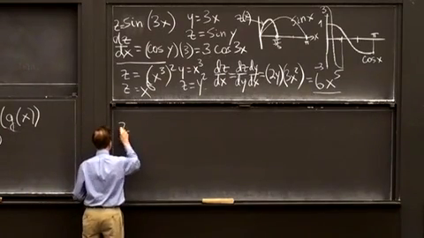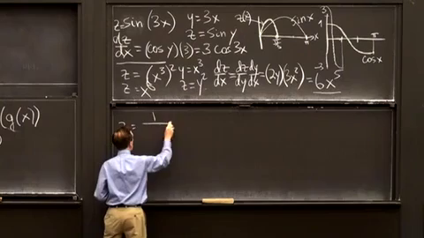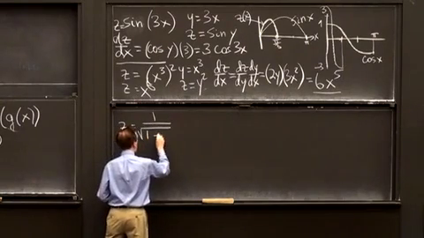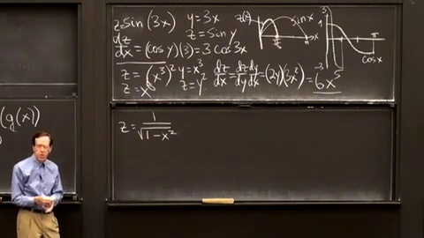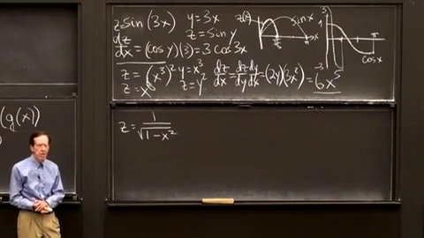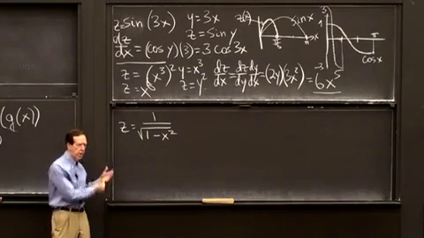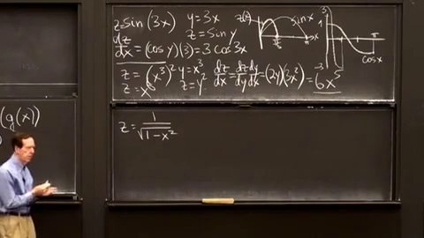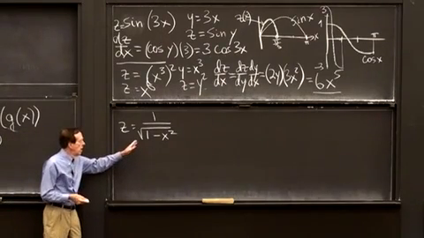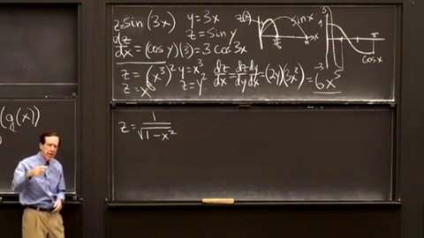So my function z is going to be 1 over the square root of 1 minus x squared. Such things come up pretty often, so we have to know its derivative. We could graph it. That's a perfectly reasonable function. And it's a perfect chain.